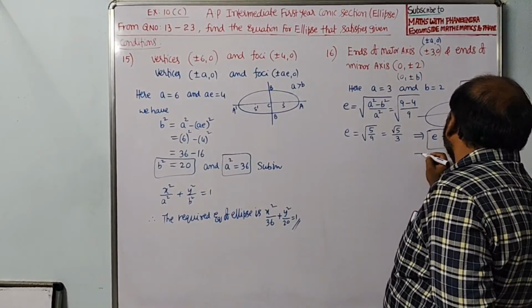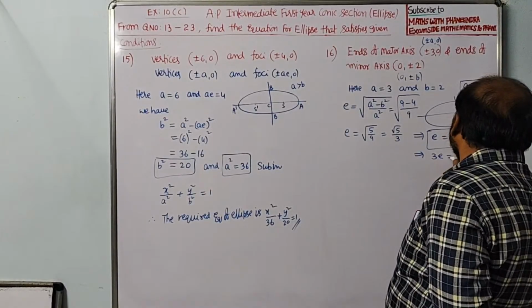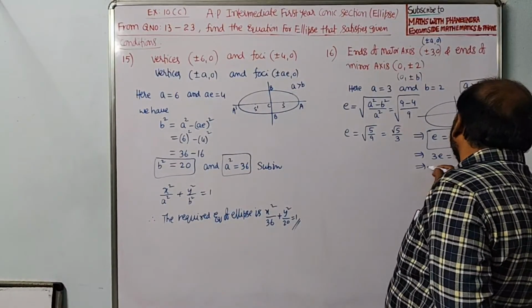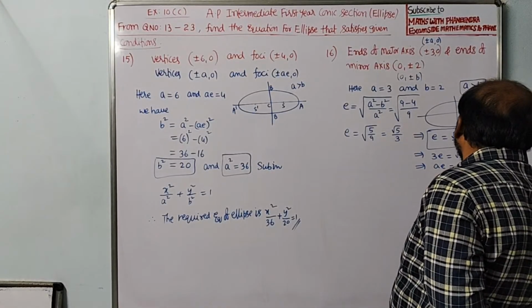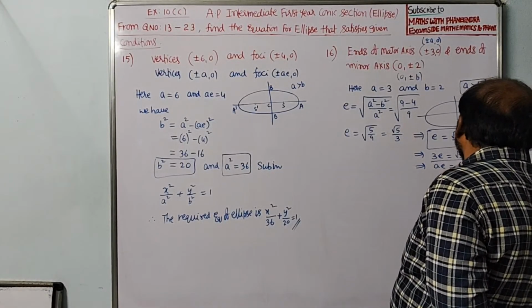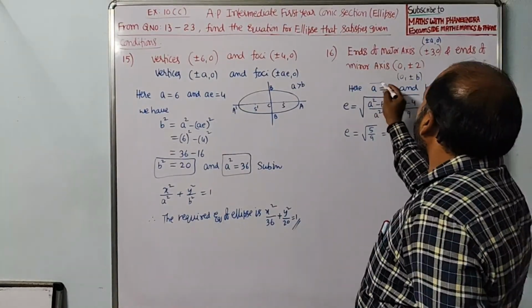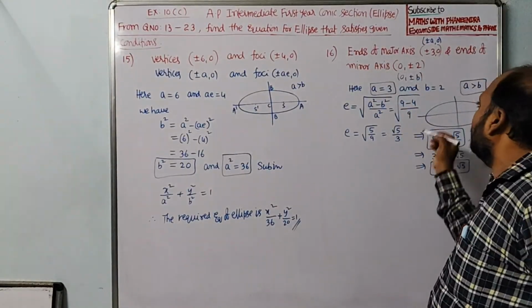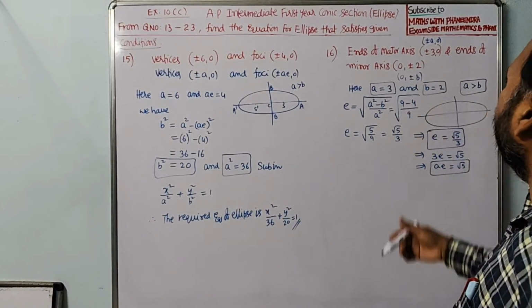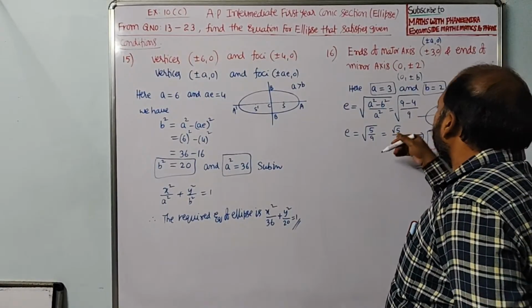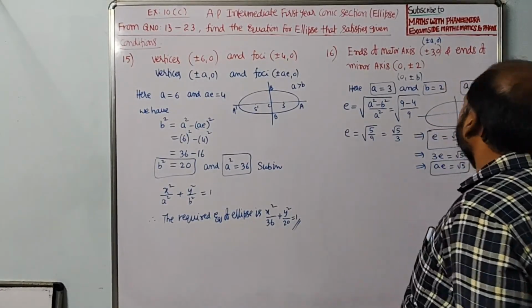So cross multiply 3e is equal to root 5, and in place of 3 you replace with a, ae is equal to root 5. So a value you know, ae value also we know, b also we know, no need of writing. Whenever you know a and b values, you can calculate the equation, no need of calculating eccentricity also.